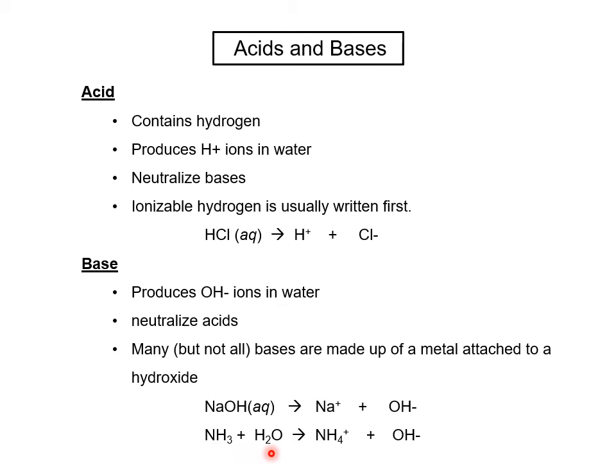When ammonia is placed in water, it takes an H plus from the water molecule, forms what we call ammonium, and it leaves behind a hydroxide that belonged to that water molecule. But in either case, because it produces a hydroxide in water, it's still considered a base.